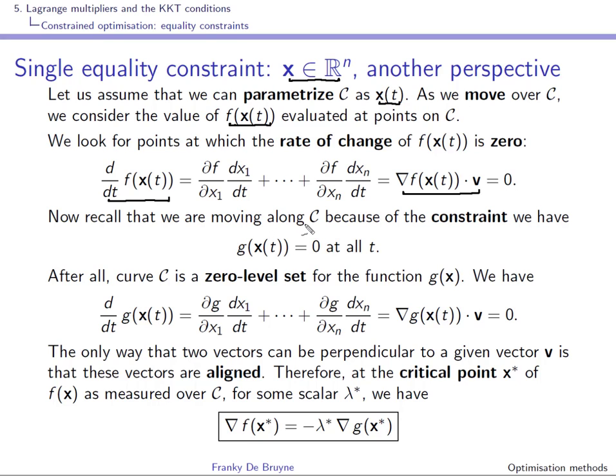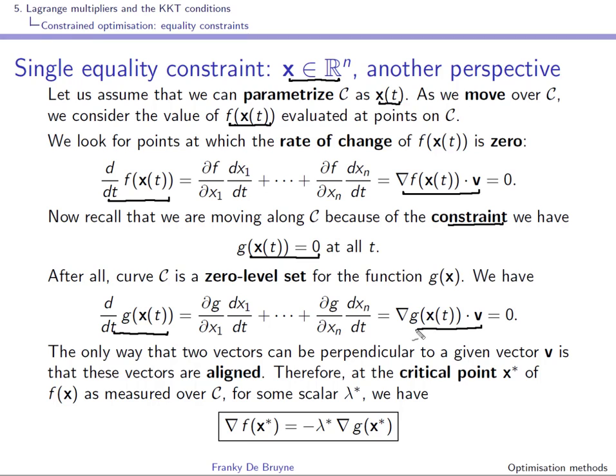While we are moving on C, we have the constraint g of x of t is equal to 0 for all t. So we can compute the time derivative of this one, and if you do this, this is what you'll obtain.